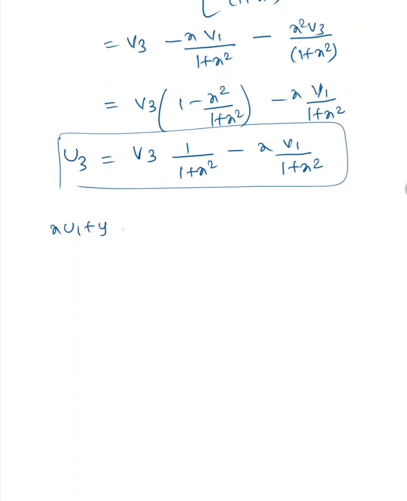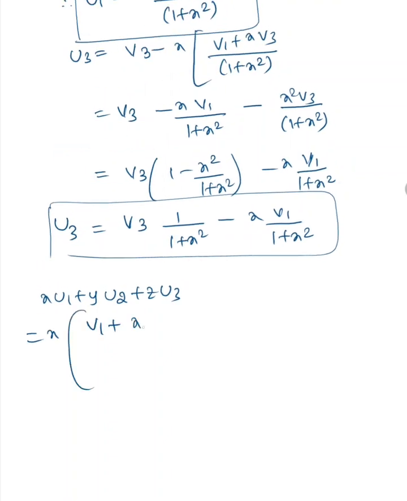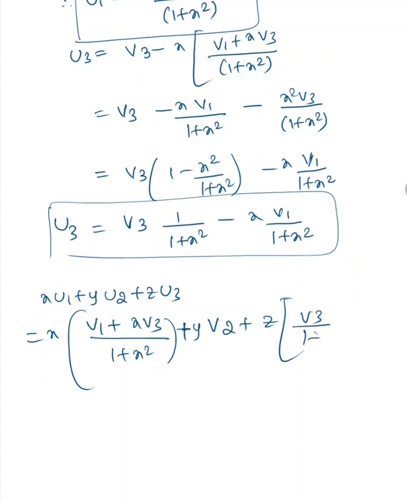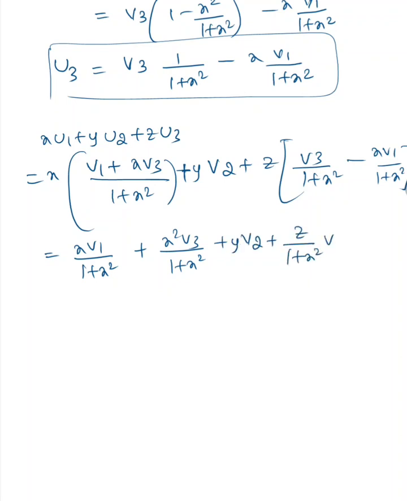x u1 plus y u2 plus z u3 is equal to x into v1 plus x v3 by 1 plus x square, plus y into v2, plus z into v3 by 1 plus x square minus x v1 by 1 plus x square. So this is equal to x v1 by 1 plus x square plus x square v3 by 1 plus x square plus y v2 plus z by 1 plus x square v3 minus xz v1 by 1 plus x square.